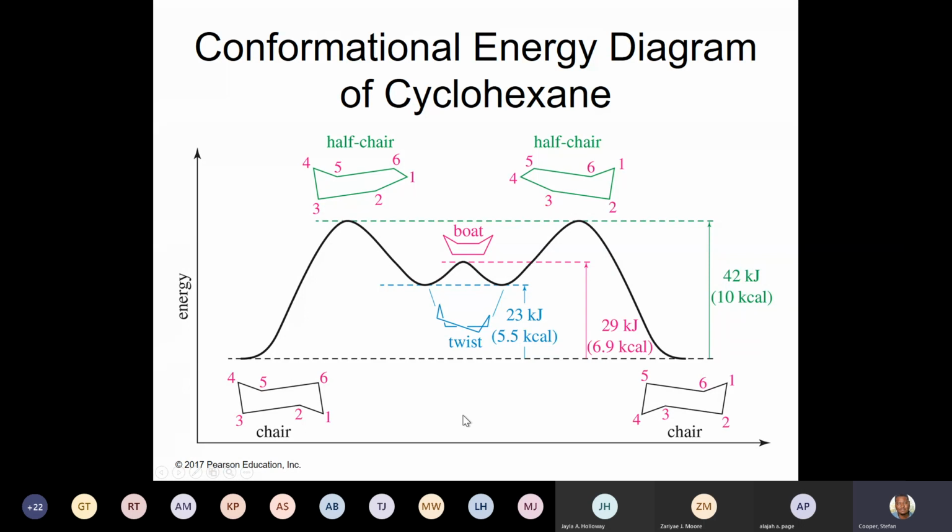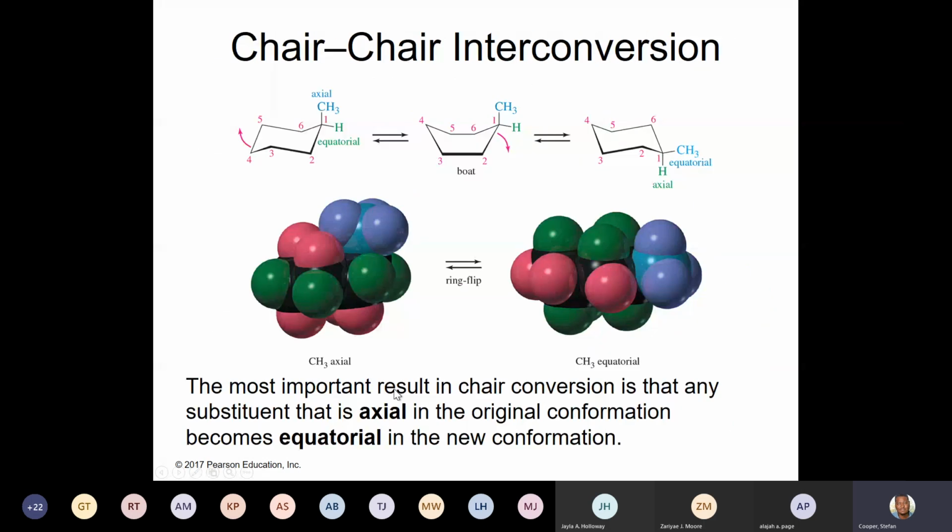All that detail isn't really important right now, and I'm not going to ask you anything relating to that sequence. I'm not going to ask you to know chair, half chair, twist, boat, twist, half chair, and then the chair. But I want you to know that you move through all those potential conformations to get between these two chairs.